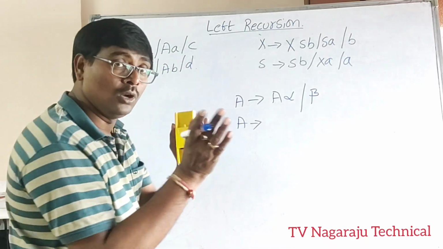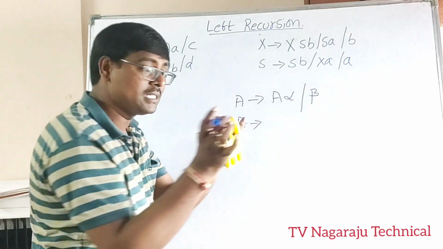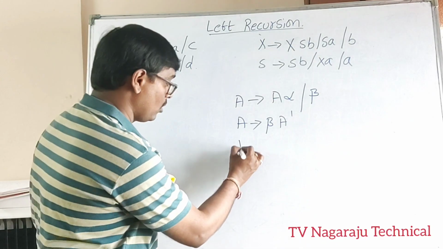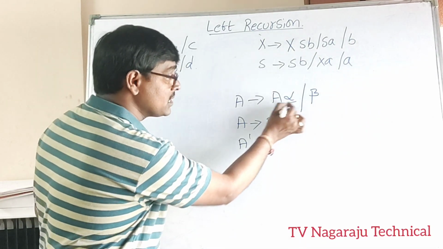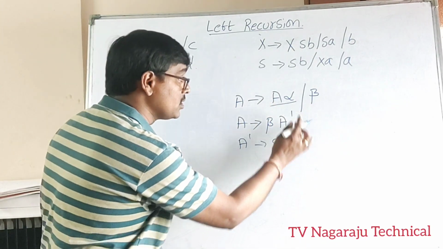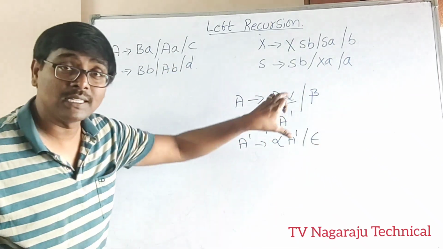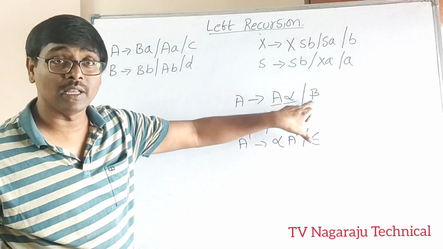Now A tends to all the productions that do not start with A, followed by A dash. Now this A dash is converted into right recursive: alpha A dash slash epsilon. We discussed different possible cases with examples.